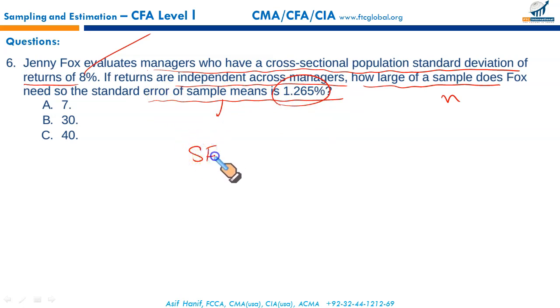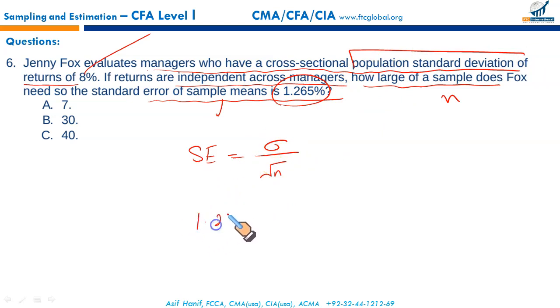Standard error is equal to population standard deviation over the square root of n. If not given, then we may take the sample standard deviation. We have been given the population standard deviation, so that's 8 upon square root of n. That's what we need to find out. So standard error has been given as 1.265. Let's keep the percentage sign here.